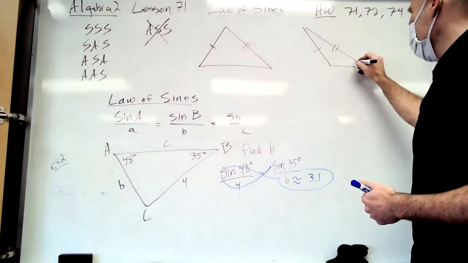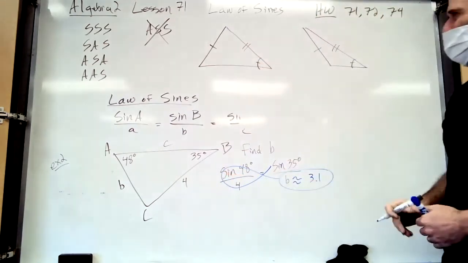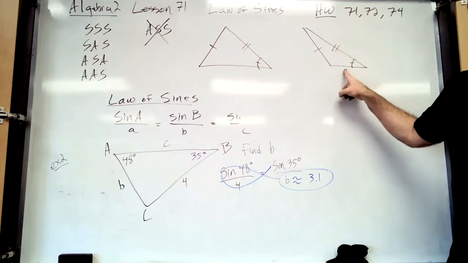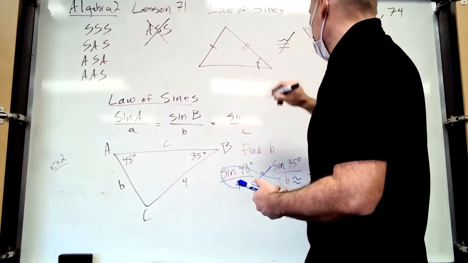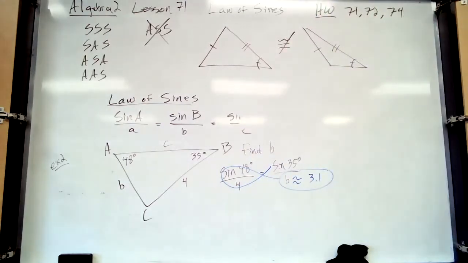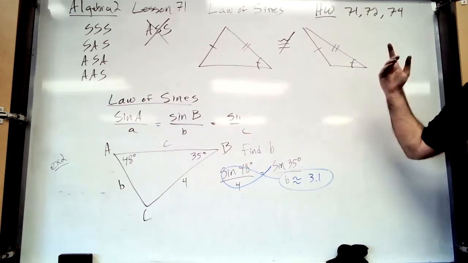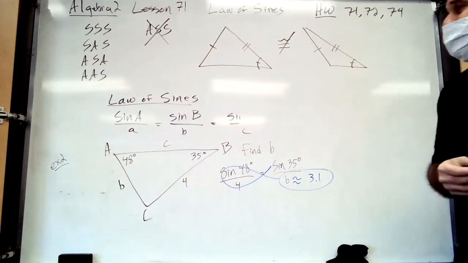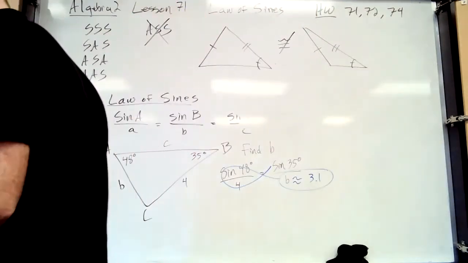And this angle is still the same. But it doesn't work because this side flips that way and you don't care about that. So these are not congruent triangles. It only works if that angle is an obtuse angle or it's a right angle. Now it could work, but you don't know. You can't assume that.